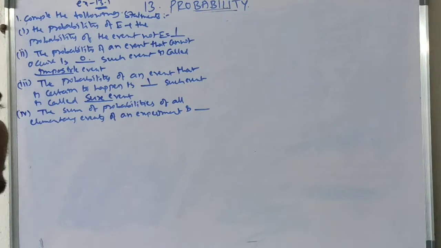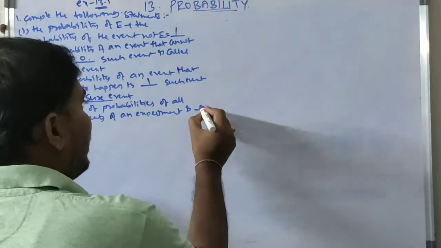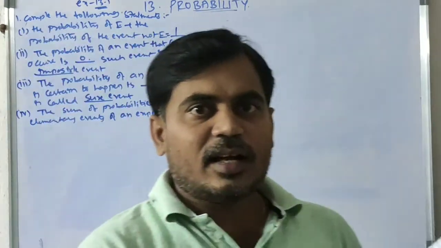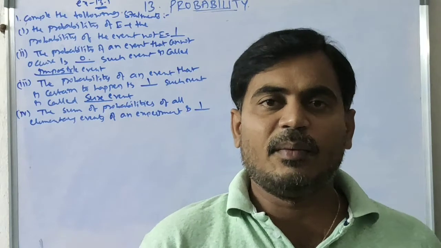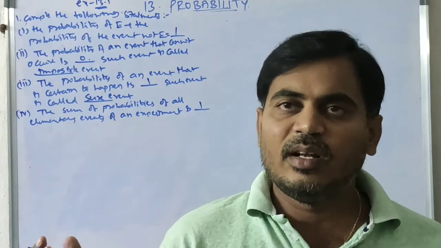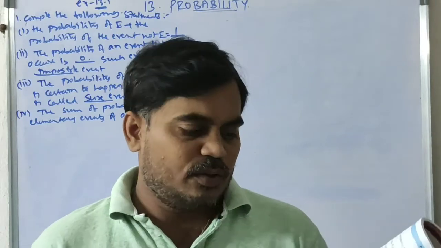The sum of probabilities of all elementary events is always equal to 1, because all elementary events together is called the sample space. Sample space is nothing but a certain event. The probability of a certain event is equal to 1. If we add all the probabilities, the sum is always equal to 1.